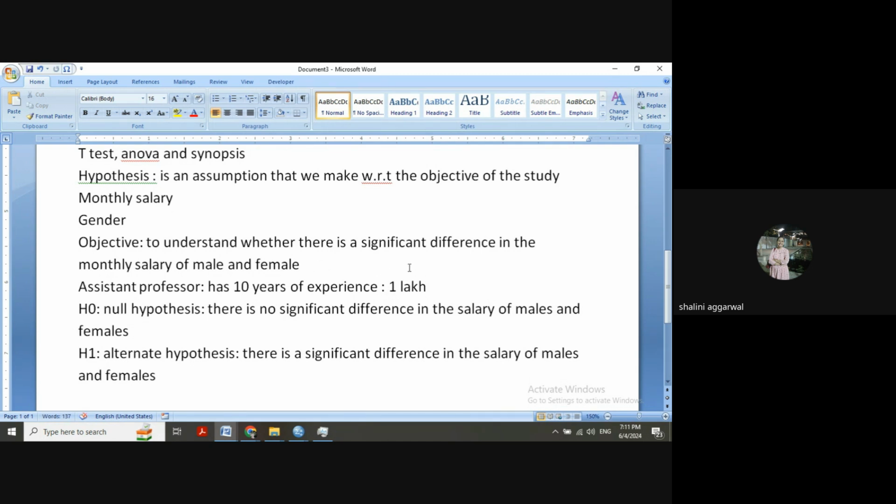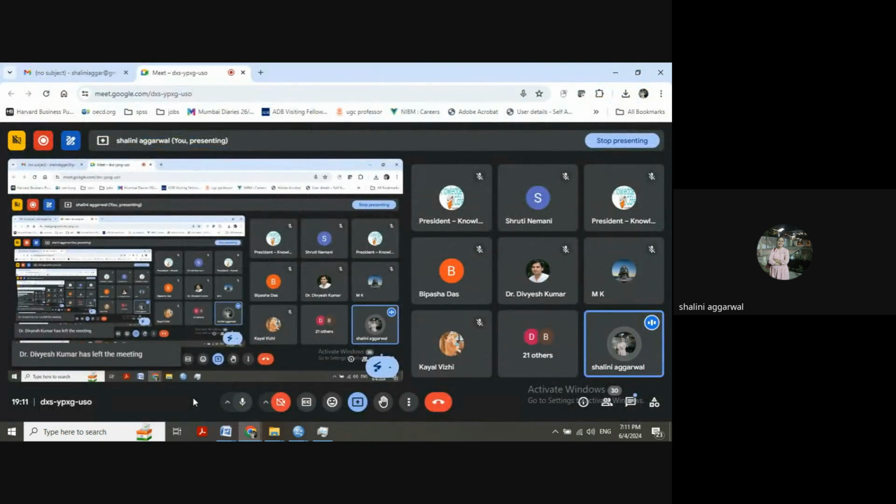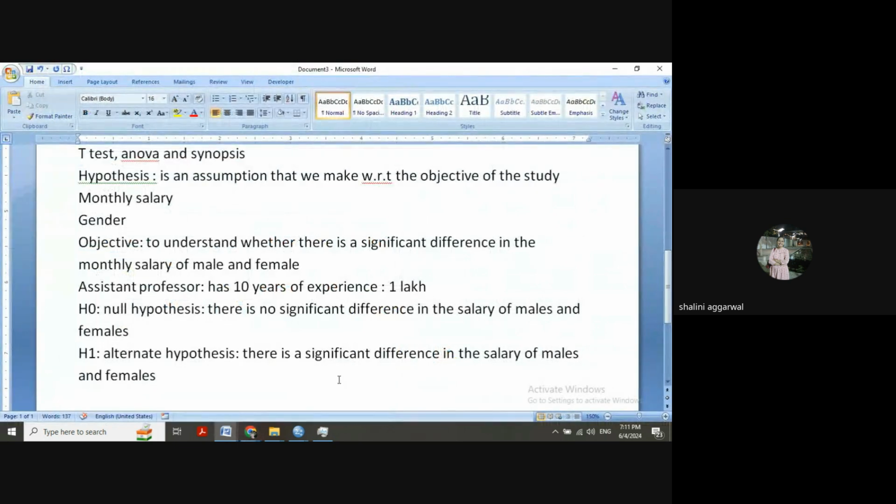This is what we wanted to know: for an assistant professor who has 10 years of experience, are the male and female both getting 1 lakh salary, or is there a significant difference in the salary of male and female? Are you people able to understand? Okay, great. So this is what we wanted to check.